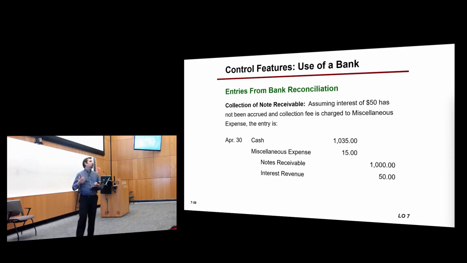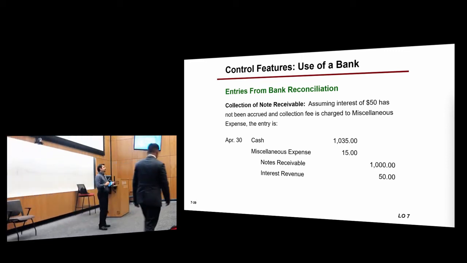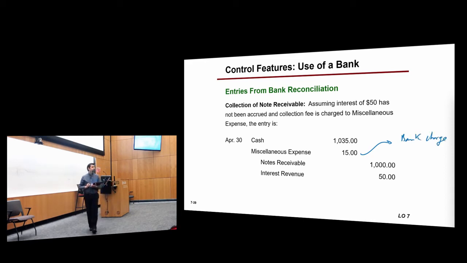The commission charge or the service charge that the bank charged the company for the collection goes under miscellaneous expense. That's the $15. This is bank charge. Okay? So that's how you make the journal entry to recognize the collection of the note receivable.